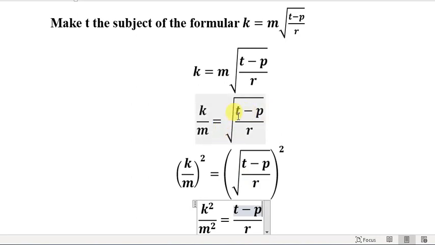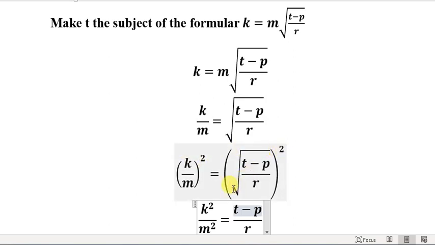Now, if you look critically, you realize that we have a root sign serving as an umbrella for t. Now, what do we do? The next thing we can do is to undo this root sign, which is serving as an umbrella for t. Now, since it is a square root, it is recommended that we square both sides of the equation.